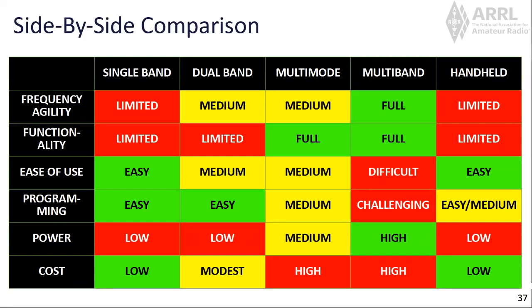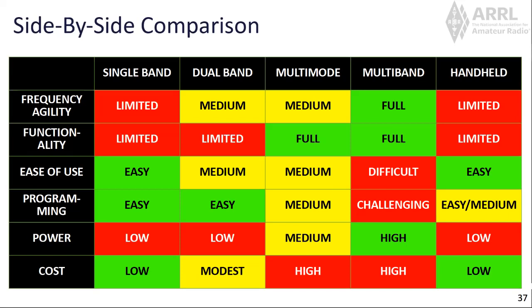I'm not going to spend time on it, but if you're trying to decide what you want to do, then look for the easy and the medium spots. If you're brand new, I would stay away from difficult.